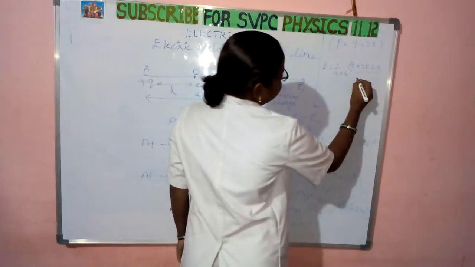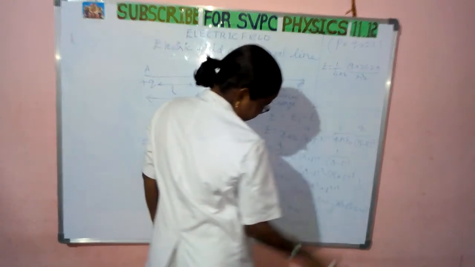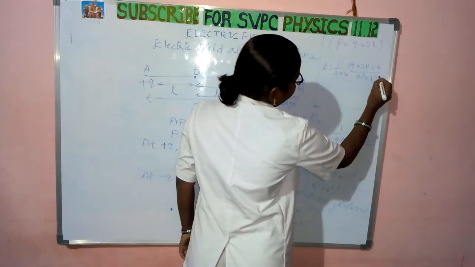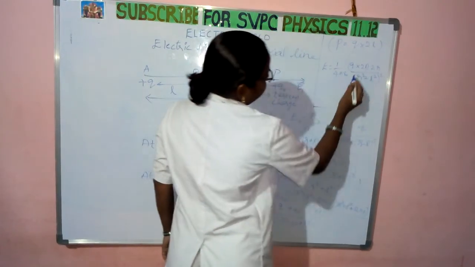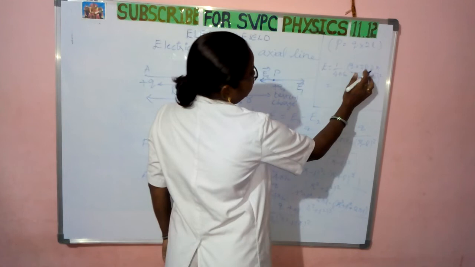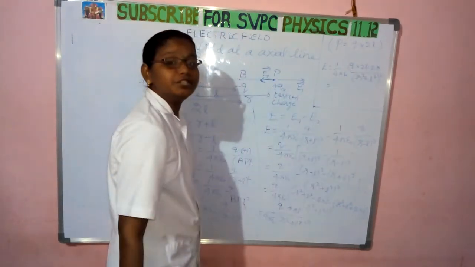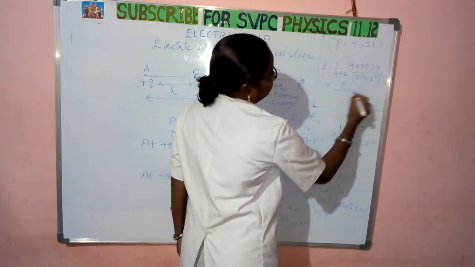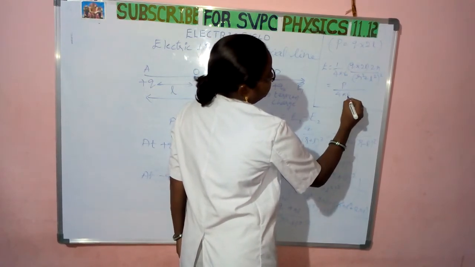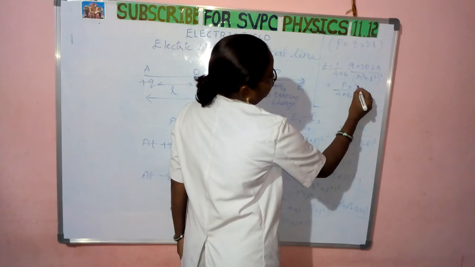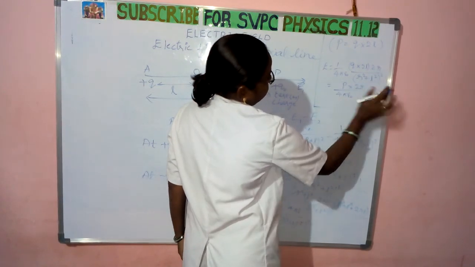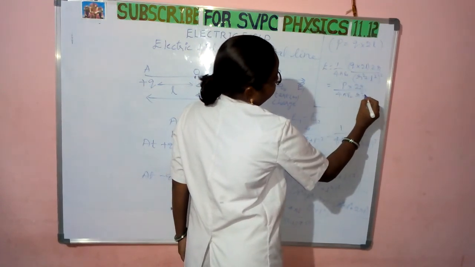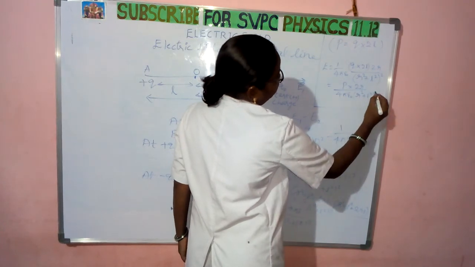Remaining downside (R square plus L square) whole square. Now instead of Q into 2L, substitute the P value. So P divided by 4 pi epsilon naught into 2R as it is, over (R square plus L square) whole square.